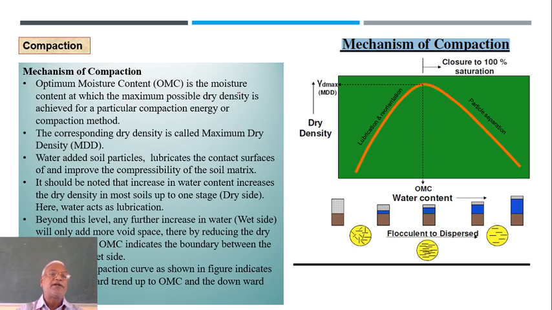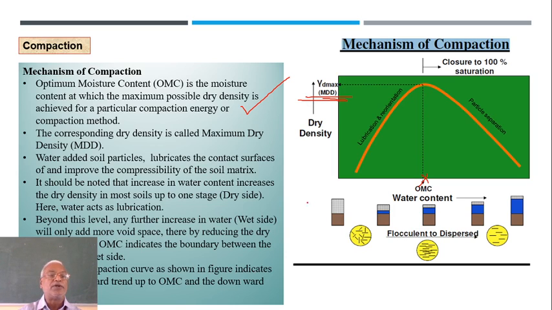The optimum moisture content is the moisture content at which the maximum possible dry density is achieved for a particular compaction energy or compaction method. What it actually means is that the same amount of energy is used every time you compact. The corresponding dry density is called maximum dry density or MDD. For the optimum moisture content, the corresponding maximum dry density is referred to as MDD. So MDD is at OMC, there is a correspondence.